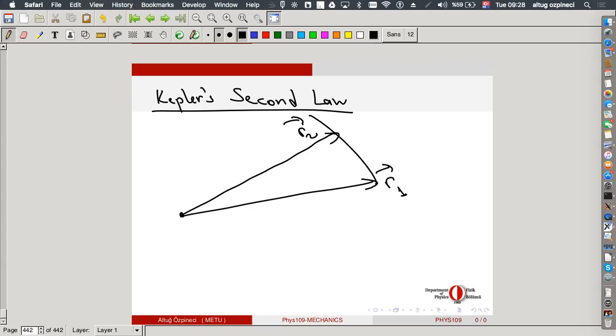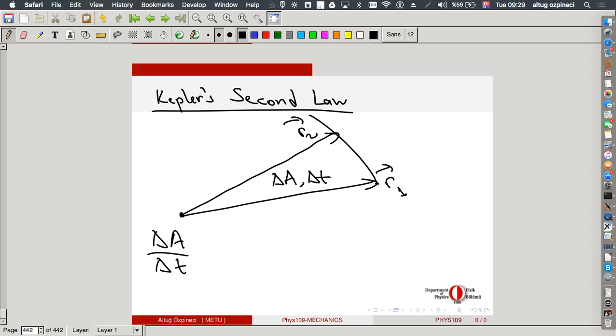It changes its position, and it sweeps an area delta A in a time delta t. What we would like to calculate is delta A over delta t, and eventually we will take the limit that delta t goes to 0.